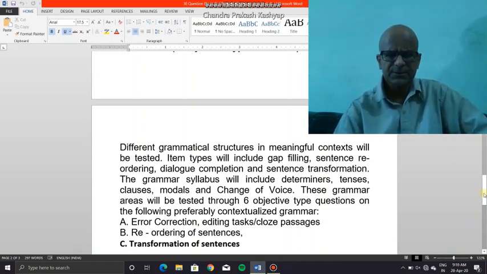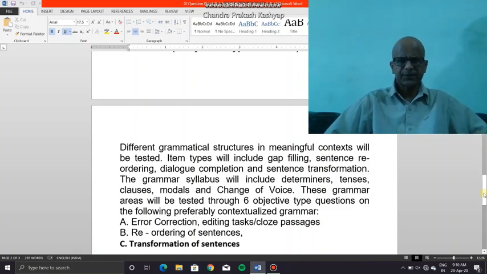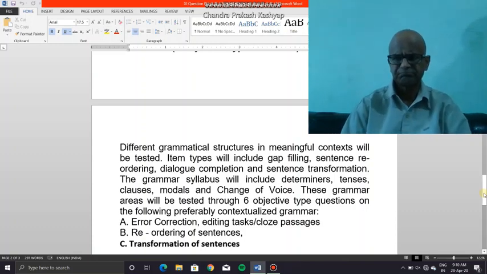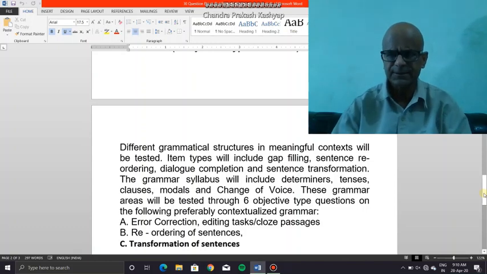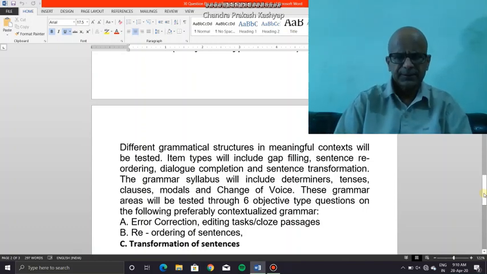Tenses you're growing up with, and clauses is what we'll strike a familiarity with in the slides that follow. And in addition to this, there'll be reordering of sentences and transformation of sentences, which we'll familiarize ourselves with.